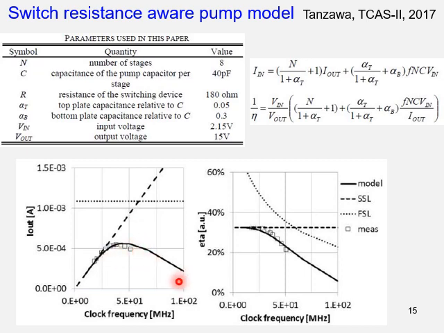And this model suggests that there is an optimum clock frequency to maximize output current. So beyond that, not only do you lose the output current, but also lose the power efficiency.